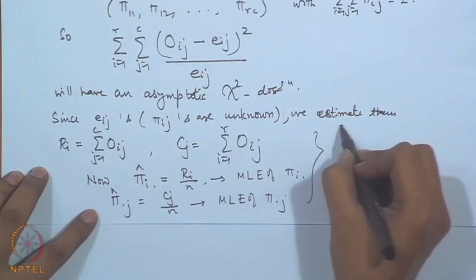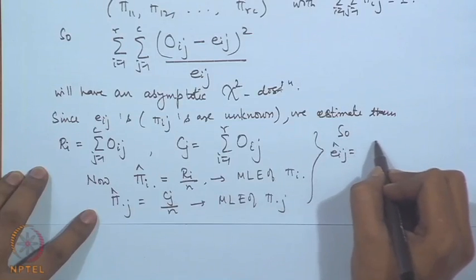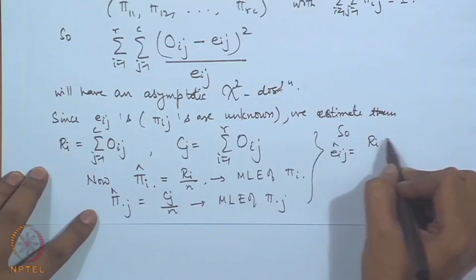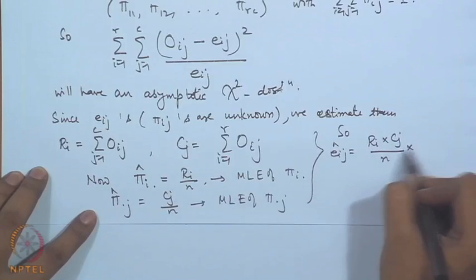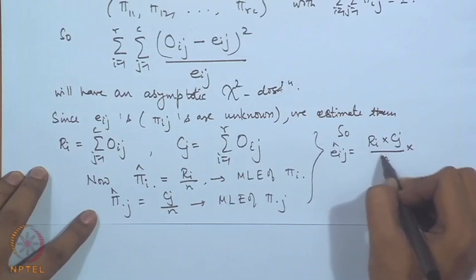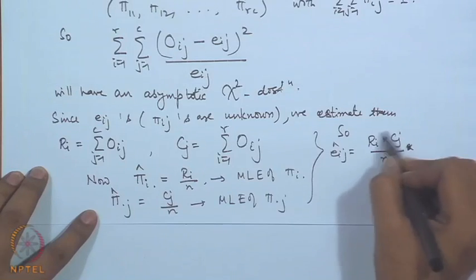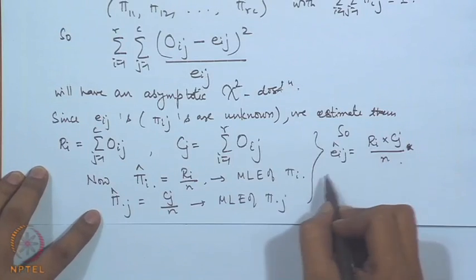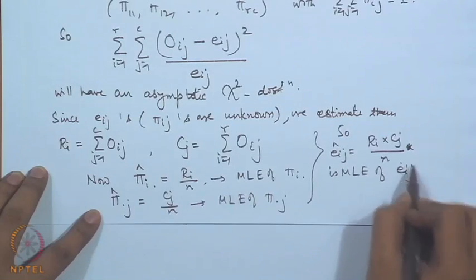So, we can consider E I j head as equal to R I into C j divided by n, so here divided by n and here divided by n and then multiplied by n. So, that n will cancel out, I can write just this thing. So, this is the MLE of E I j.